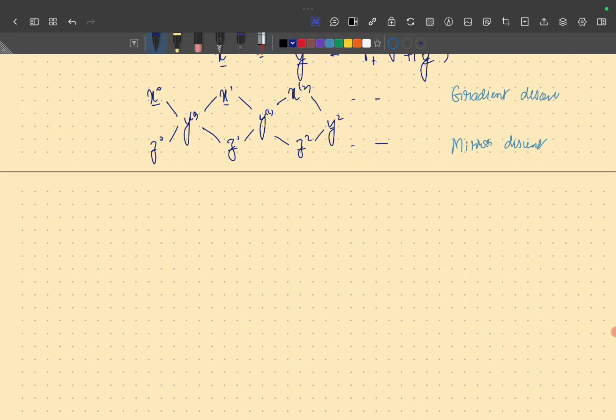And the main result here is that to get epsilon close to the minimum, it is sufficient to run this algorithm for square root of LD square divided by epsilon steps. So now we get a running time of order 1 over square root of epsilon compared to the order 1 over epsilon and 1 over epsilon square that we had previously.